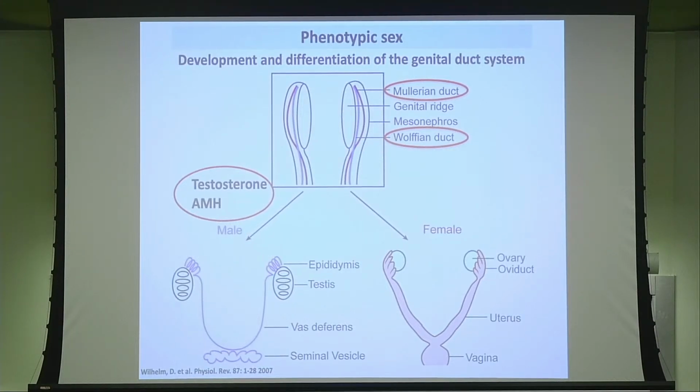What would happen if a fetal ovary secreted testosterone? What would happen in terms of the internal plumbing? Yeah, you would have the Wolffian duct and the Mullerian duct. Make sense? Good. Perfect. Okay, that's the first part of secondary or phenotypic sex differentiation.